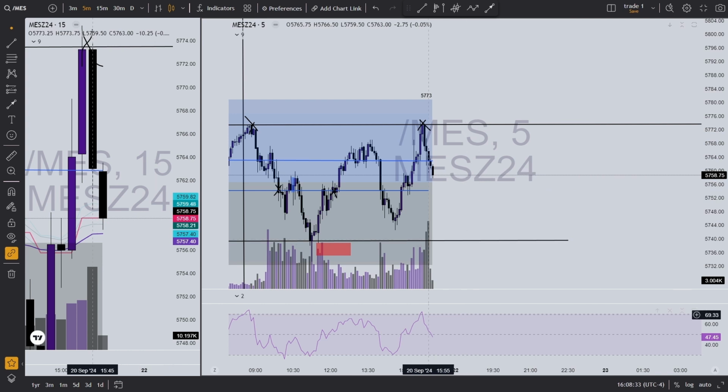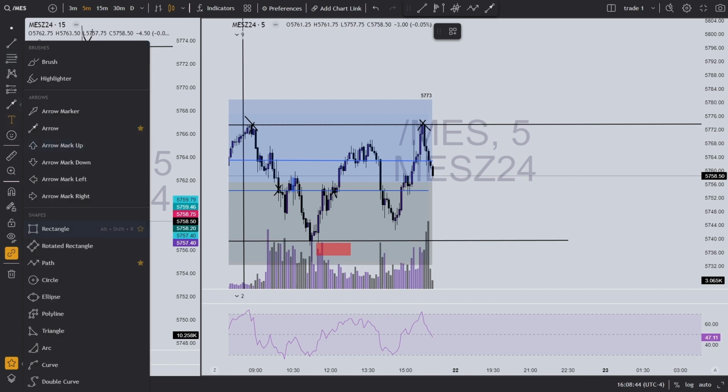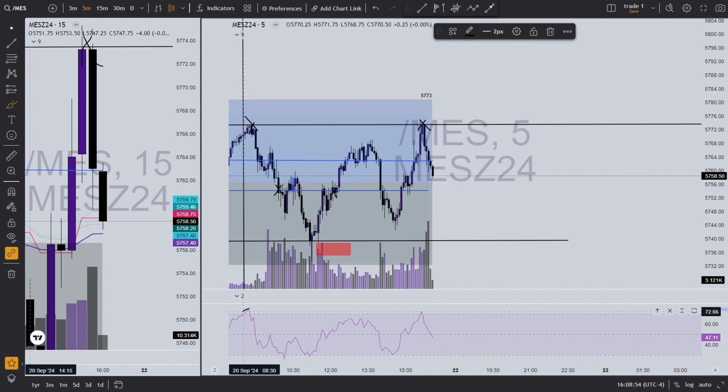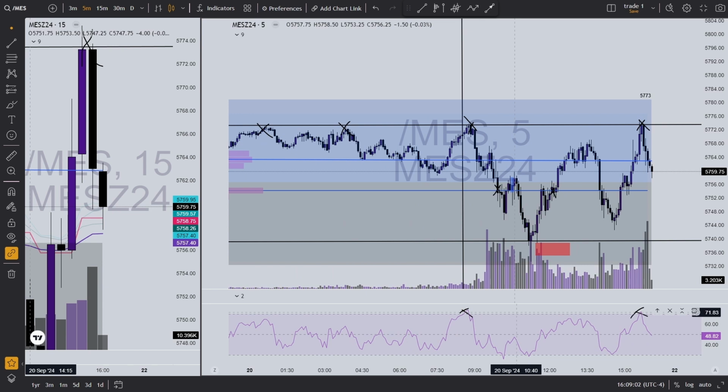So even if, say, for example, we were to come down here, I can teach you the RSI indicator in a short future here to make this make more sense, but this is also one of my favorite indicators, because once we come up over the 70 line, this tells us that we are historically overbought, and we reject.